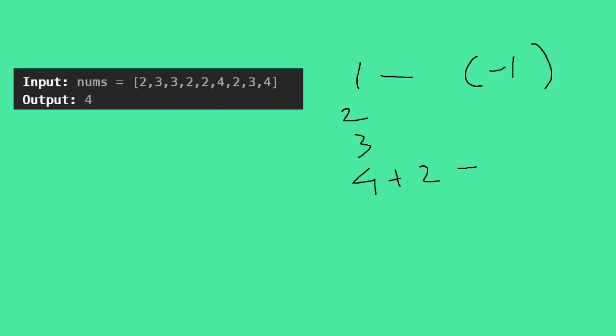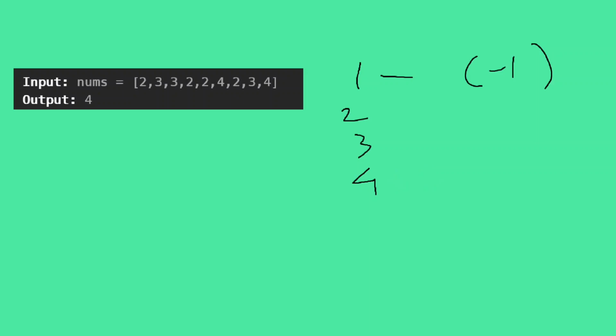4 plus 2, 6. Now, 6 divided by 3 is 2. This means that I have to perform 2 operations. And if I were to go for 4 originally as well, I can remove 2 items twice, and that will again lead to 2 operations, right? So that's one thing.